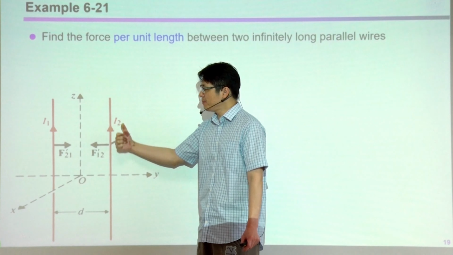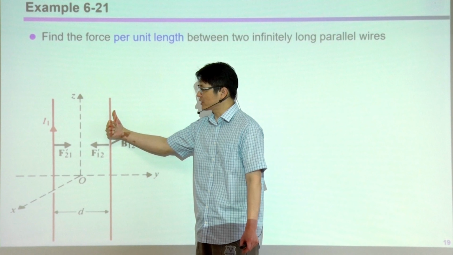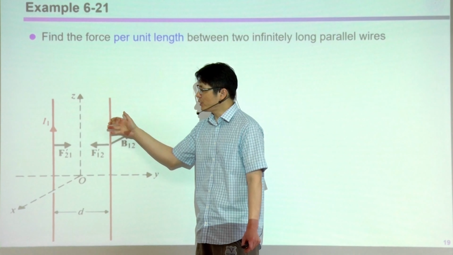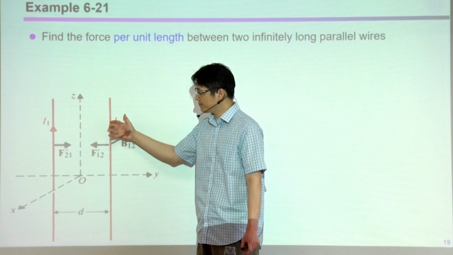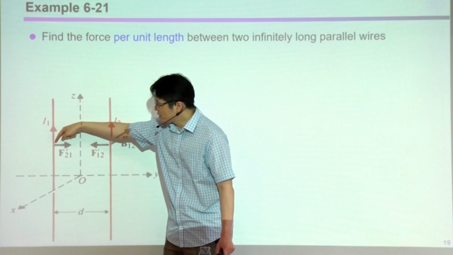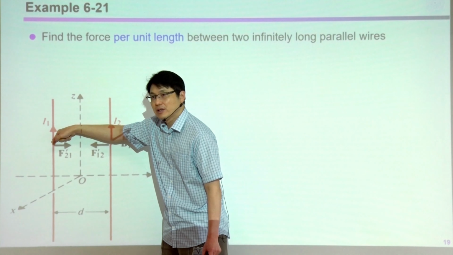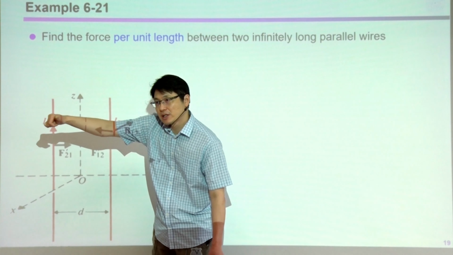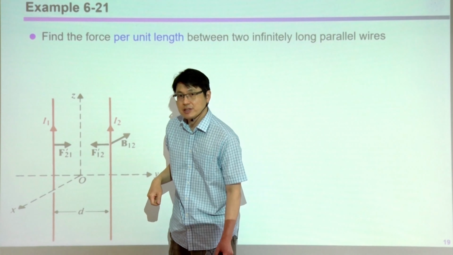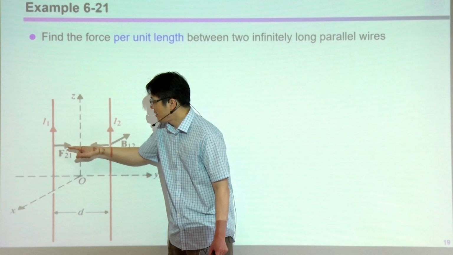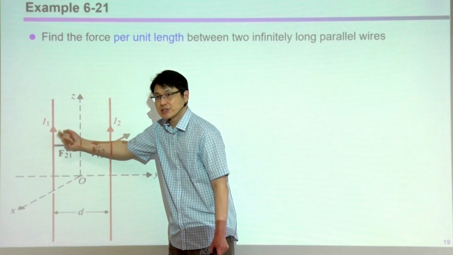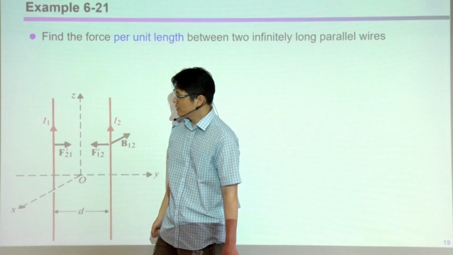Your thumb is pointing in the direction of the current. Therefore, you have self-closed magnetic field lines in this direction. So at this location, the B is into your eyes. At this location, B21 is into your eyes.